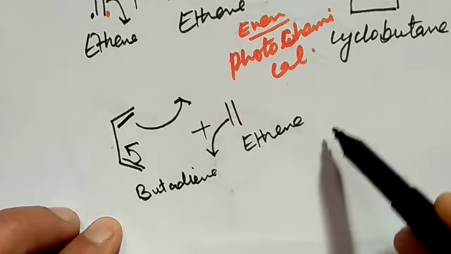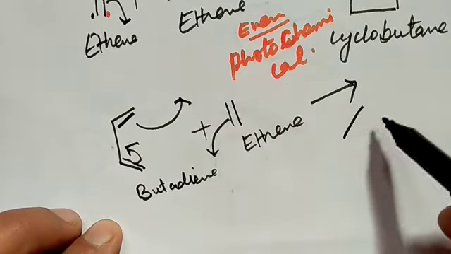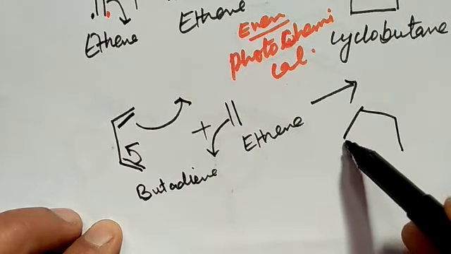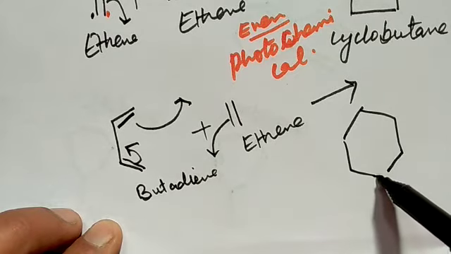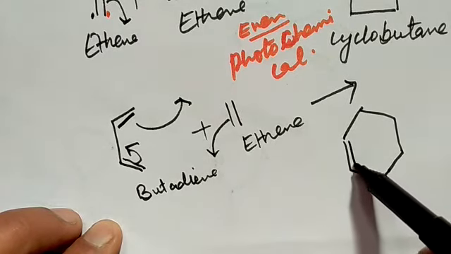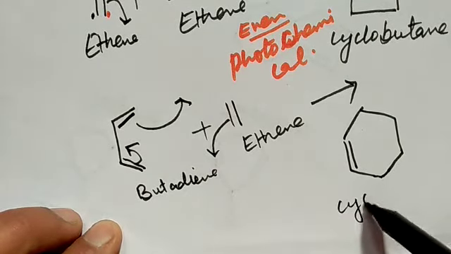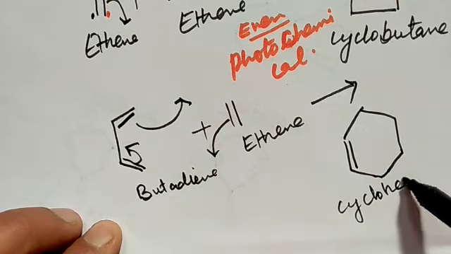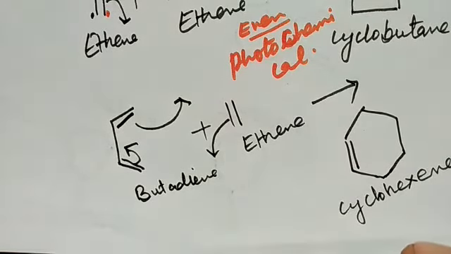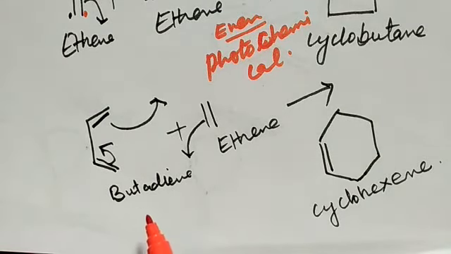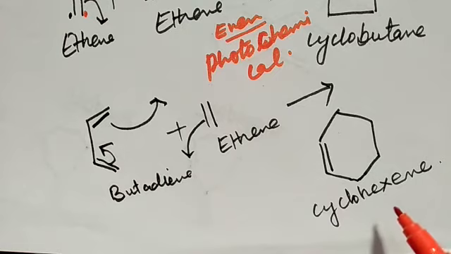We get a product like this. This is cyclohexene, right? If there is a reaction between butadiene and ethene, we get cyclohexene.